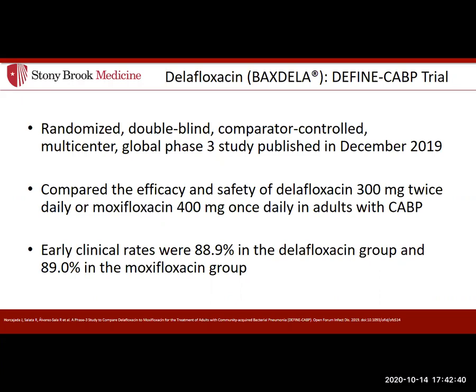And in this study, since non-inferiority of delafloxacin compared to moxifloxacin was demonstrated, intravenous and oral delafloxacin monotherapy was found to be effective and well tolerated in the treatment of adults with CAP. So there are some very promising antibiotics that have recently been approved in CAP. Actually, delafloxacin has been associated with lower rates of C. diff than the other fluoroquinolones.